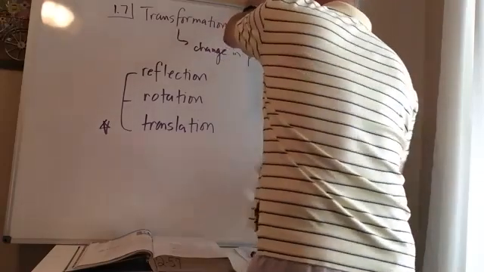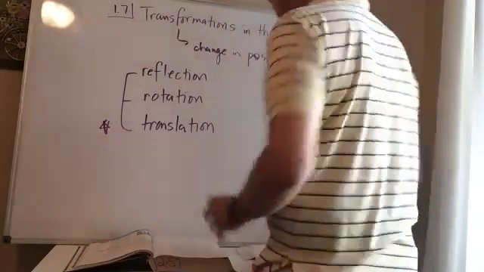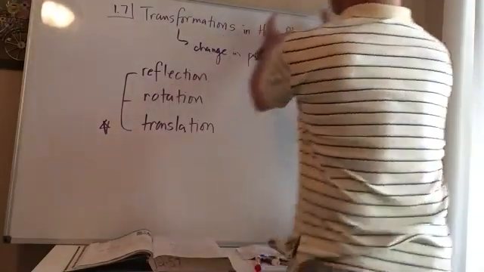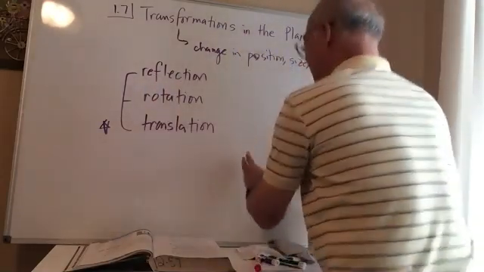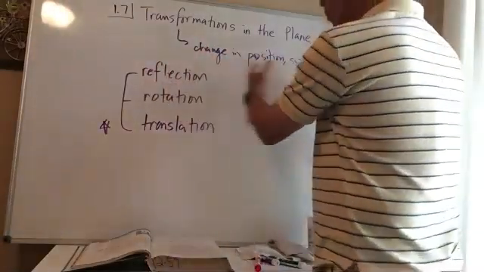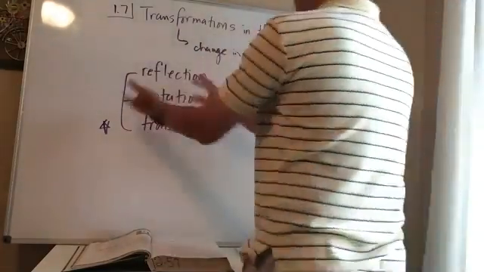So that's rotation, and translation is really taking a shape and you're just moving it across like this, or from here you're moving it this way, or moving it down, so the shape doesn't change, you're sliding it across. Okay, you're not picking it up and rotating it, or reflecting it.